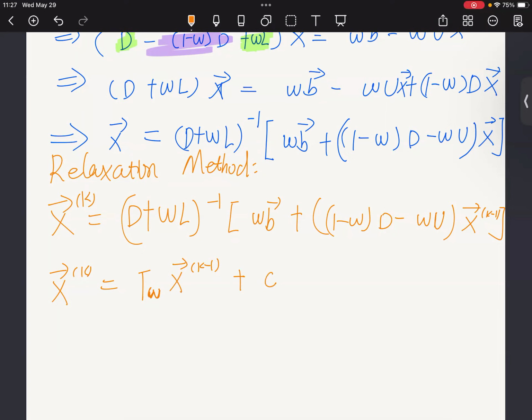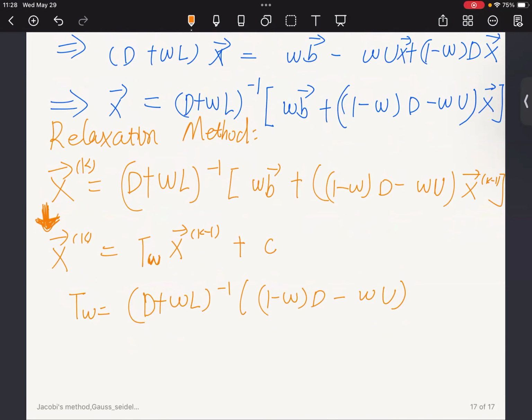T is the iteration matrix, and C is the constant vector. And as you can see from the expressions above, T omega equals the D plus omega L inverse times the 1 minus omega D minus omega U. This is the matrix you have in the SOR method.